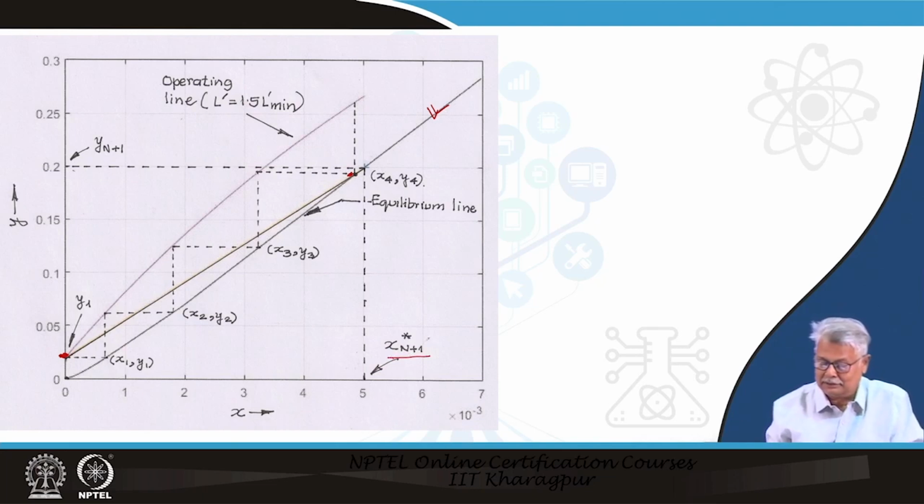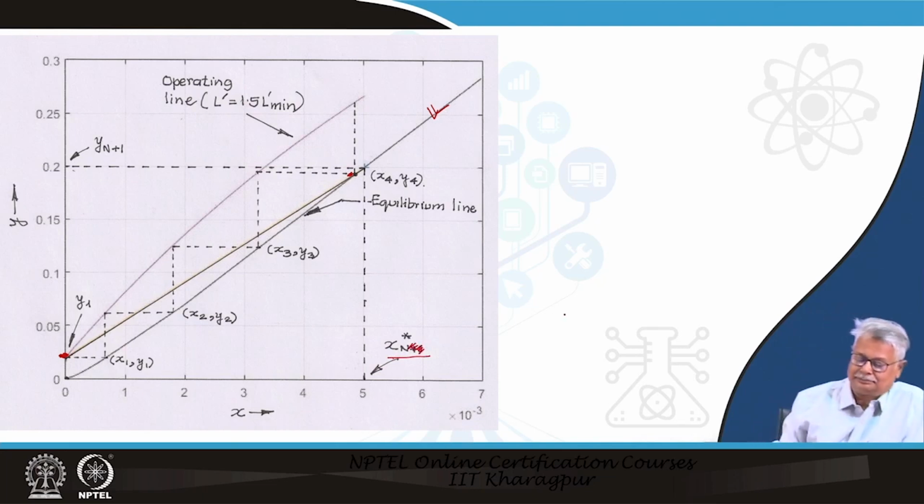Sorry, X, this actually is basically Xn star. So we find out in this particular case the operating line exactly the way I have said is drawn here.